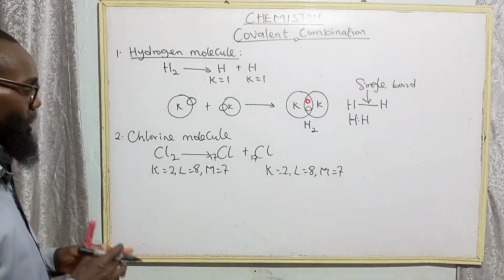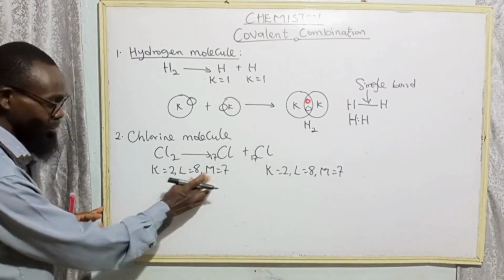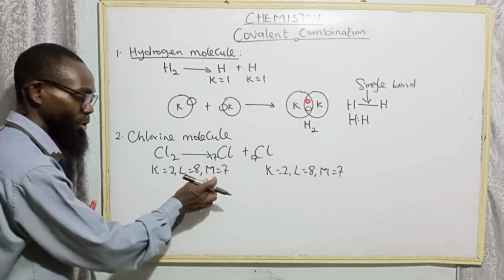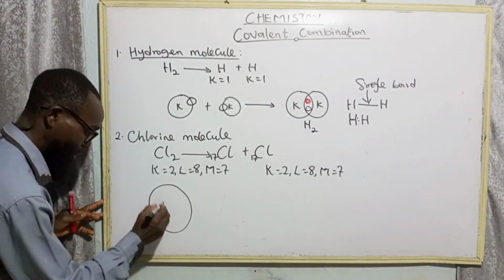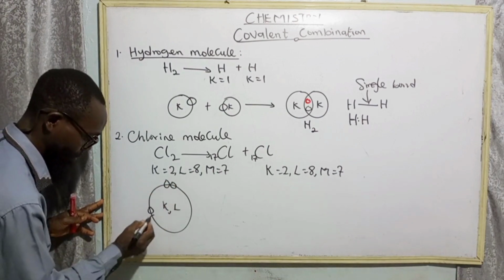Now when we draw the electronic structure, let me draw the outermost shell. We know the K shell is 2, L is 8, they are complete already. Let me draw the M shell. We have K and L, and we have 7 electrons.